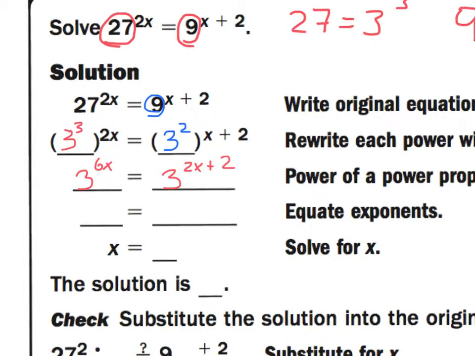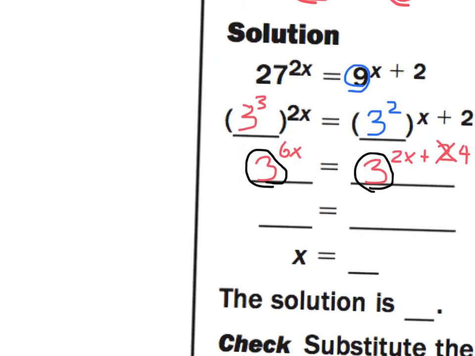Now, since we have bases exactly the same, we can ignore them. And as pointed out, this should be a 4. You don't have to write this, but if I had a problem that said x over 4 equals 3 over 4, since you had the exact same denominator, oh look, I have a 4 here and a 4 here.